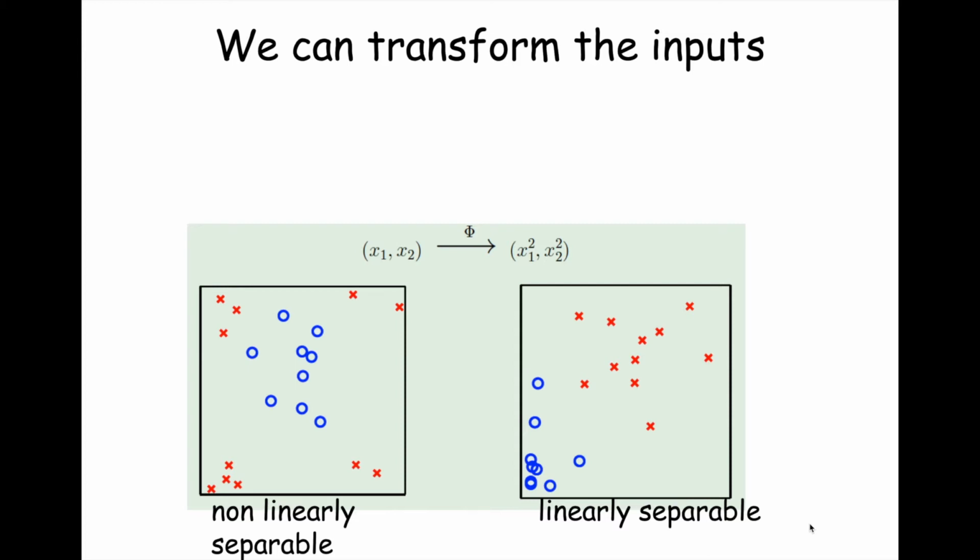Now, in this particular phi function, this transformation, we transform from a two-dimensional feature space to another two-dimensional feature space. Now, this doesn't have to be one for one in terms of the dimensionality. The transformed version of the feature space can be a higher dimensionality or a lower dimensionality. It doesn't matter.